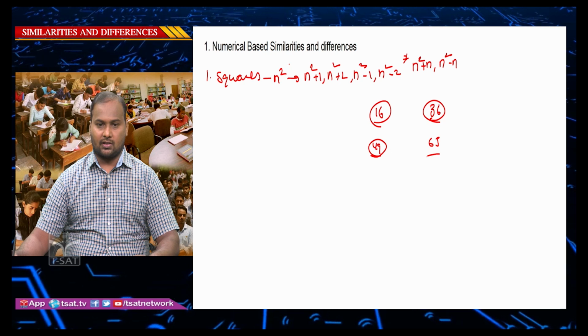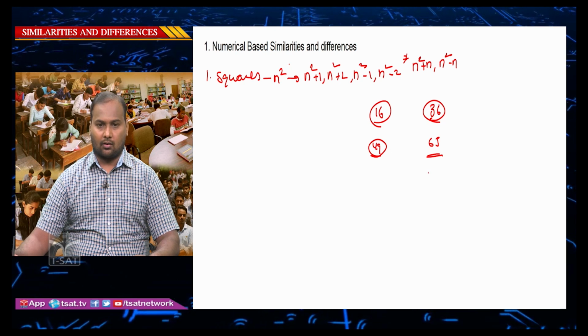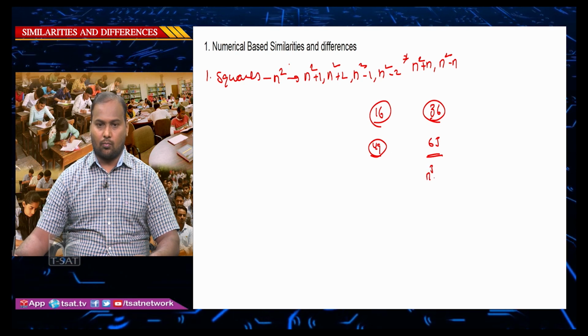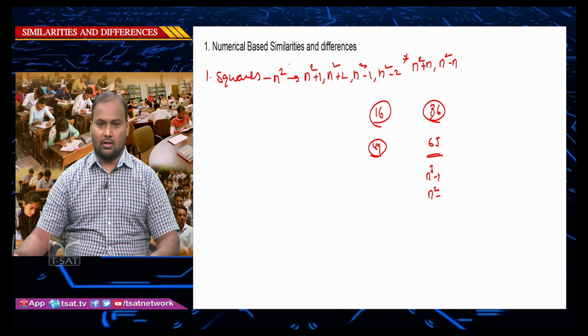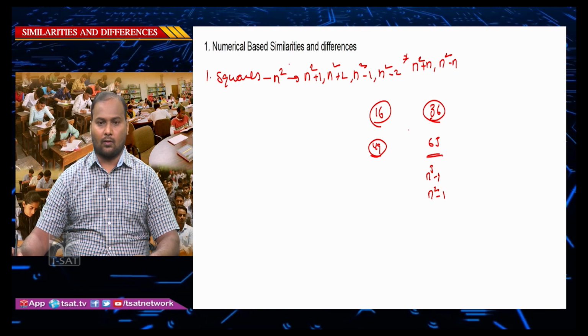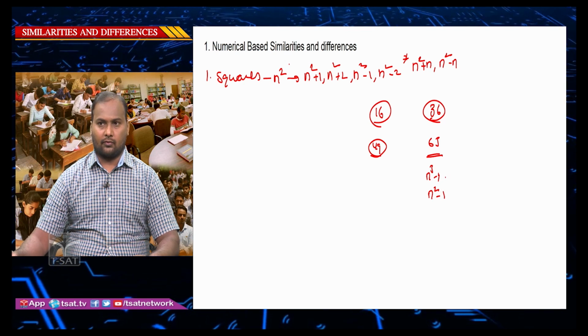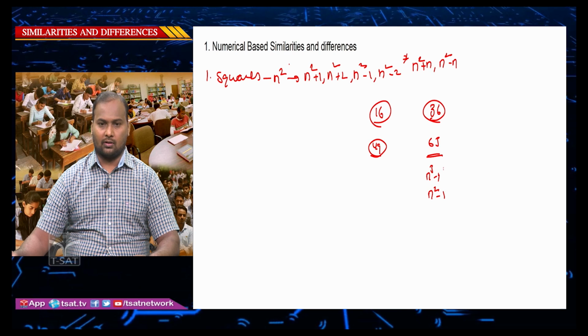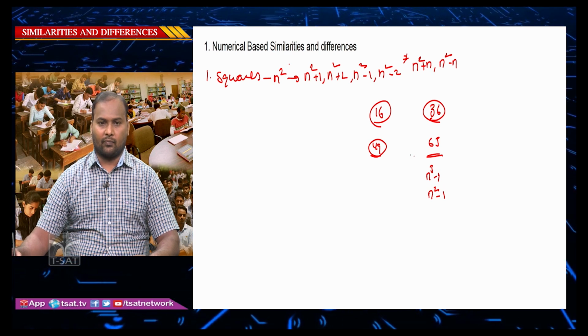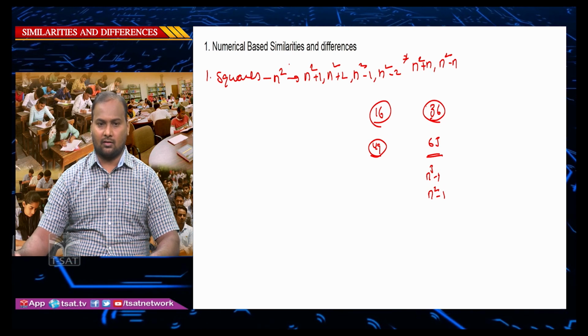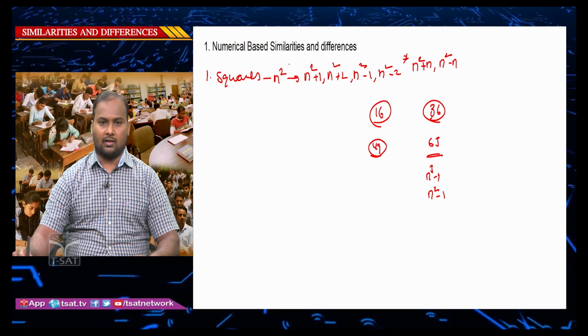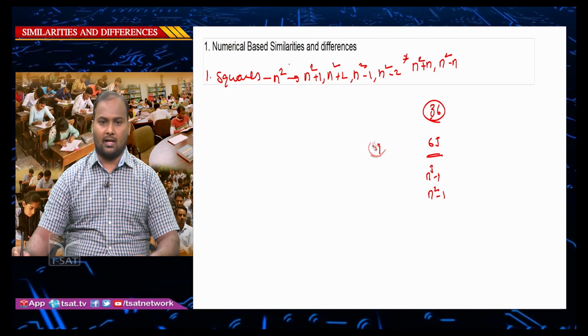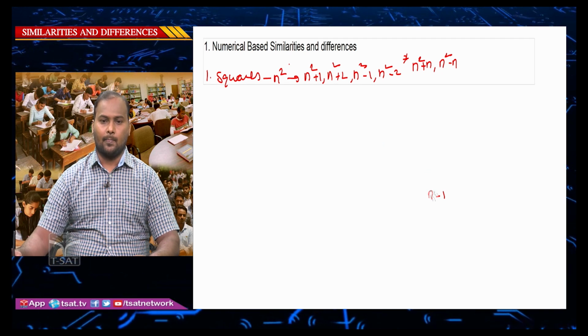But 63 is in the format of n cube minus 1 or n square minus 1. Because of that, this is completely different, and the remaining three, 16, 36 and 49, are completely similar. This is how similarities and differences can be expected in the exam.